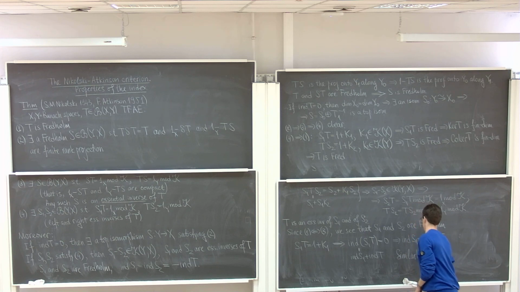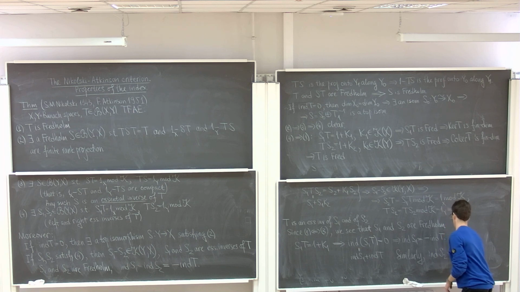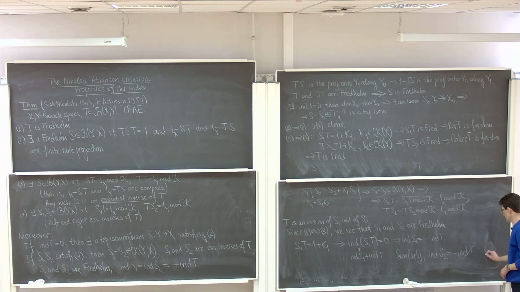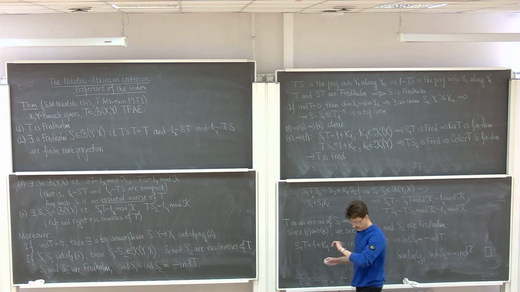Similarly, we see that the index of S2 is minus the index of T. Okay, so this completes the proof of the Nikolskii-Atkinson criterion. That's all for today.